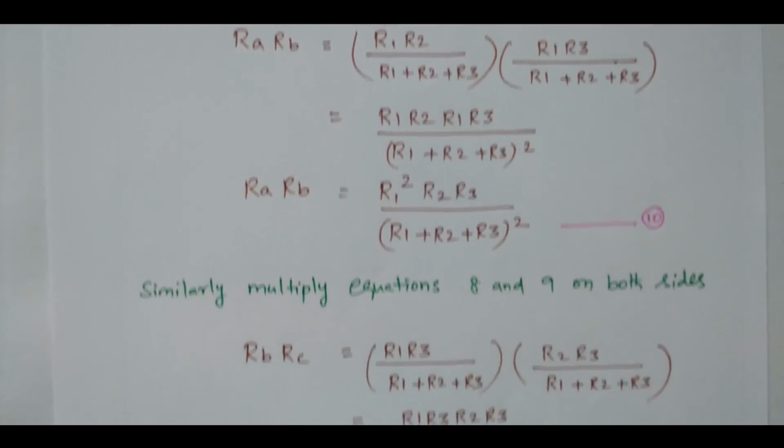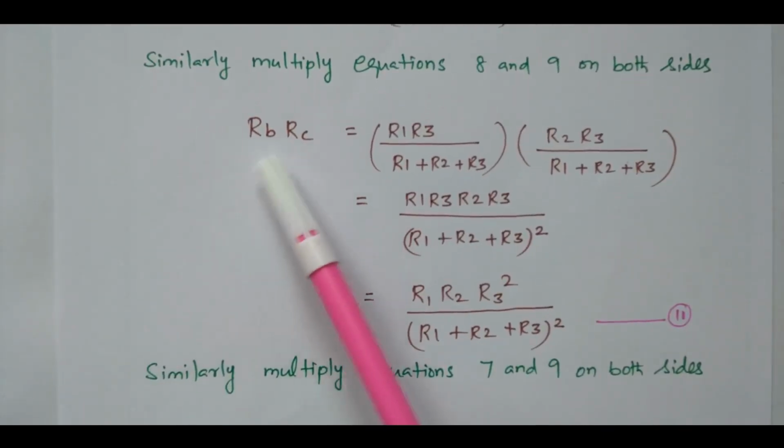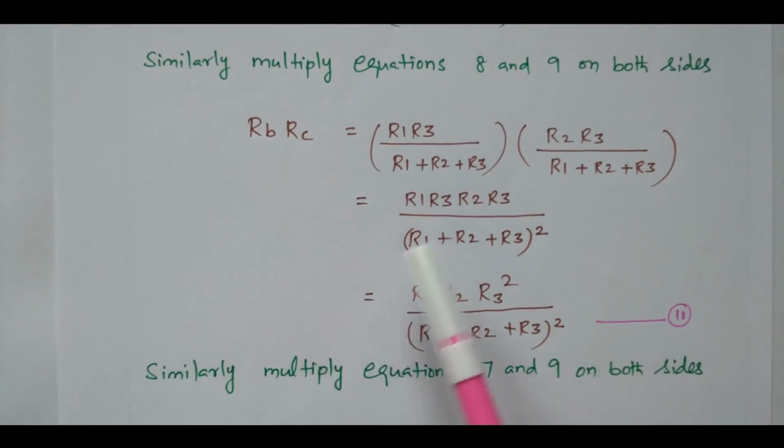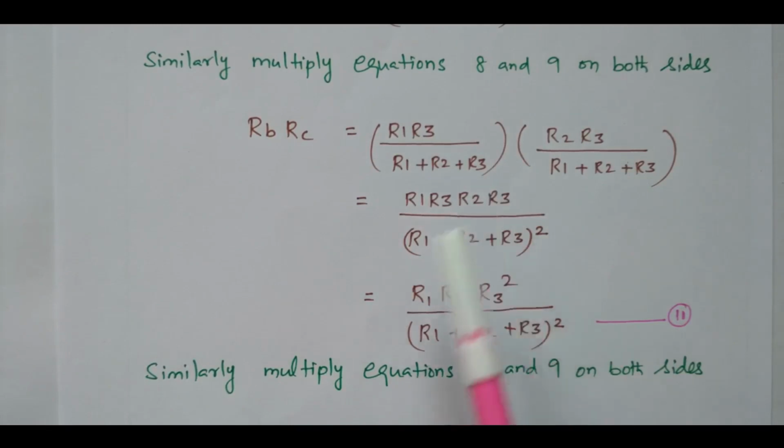Now multiply equation 8 and 9, RB and RC. Same thing. These two are same, so that R1 plus R2 plus R3 the whole square. Here R1, R3, R2, R3. R3 available 2 times. So R1, R2, R3 square.